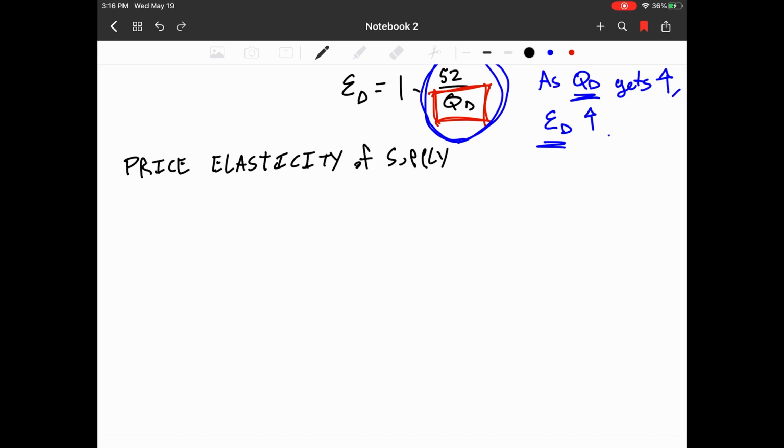So the definition is just an extension of our generalized elasticity definition. We're just applying it to the price quantity relationship for sellers. So here it's just the derivative of the quantity supplied with respect to price times price over quantity supplied.